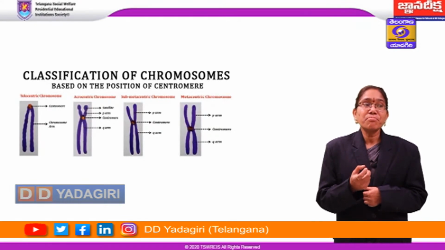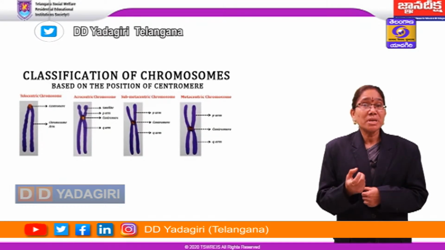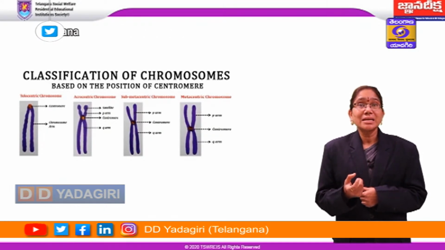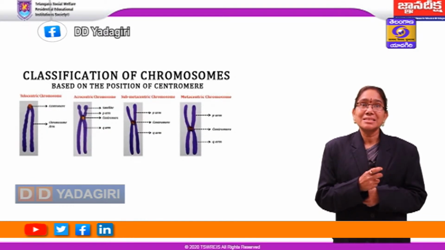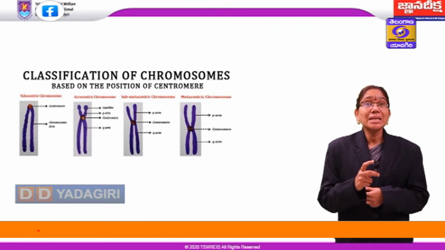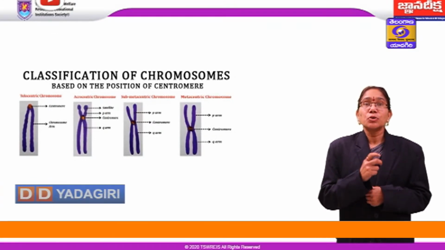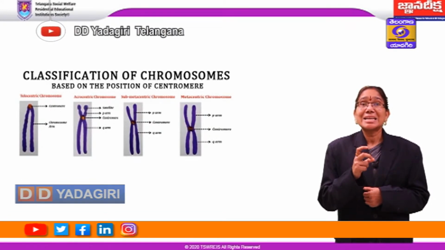Next, submetacentric chromosomes: the centromere is located near the center of the chromosome. Thus, these chromosomes will have 2 unequal arms. Usually, in metaphase, they look like an L shape.